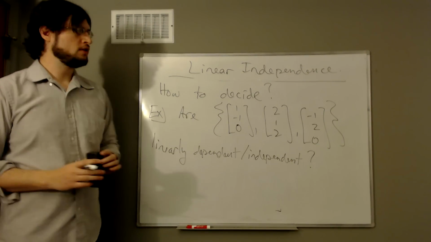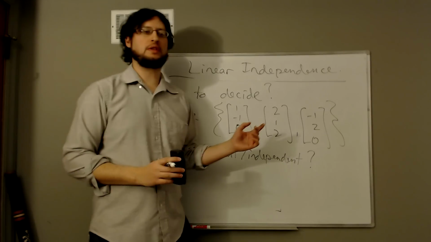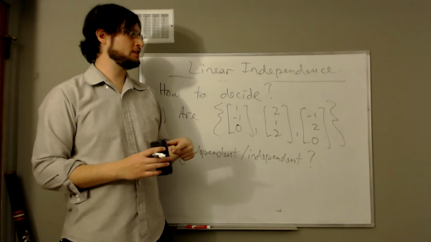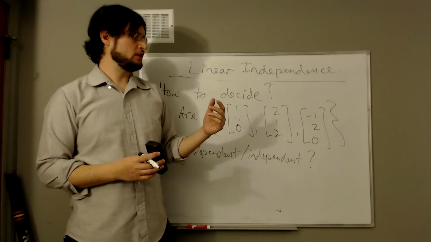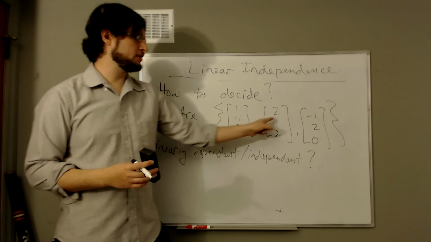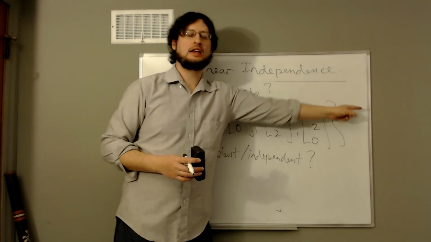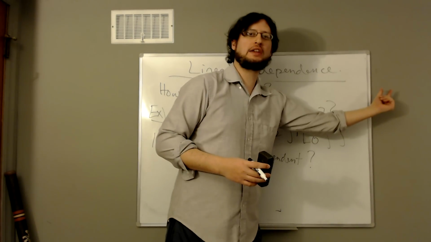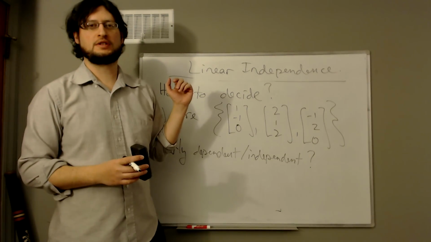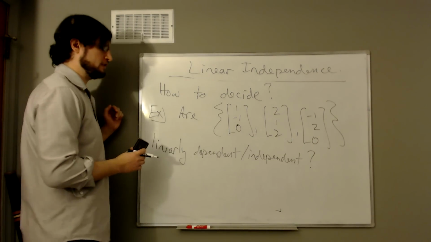Alright, so remember, what are we actually trying to do? I'm trying to say, can I add up scaled versions of these and make 0? Because if I can find a C1 to put here, a C2 to put here, a C3 to put here and get 0 back, that means I can put 1 on the other side and say that this one is written as a combination of the others, which would mean that they are linearly dependent.